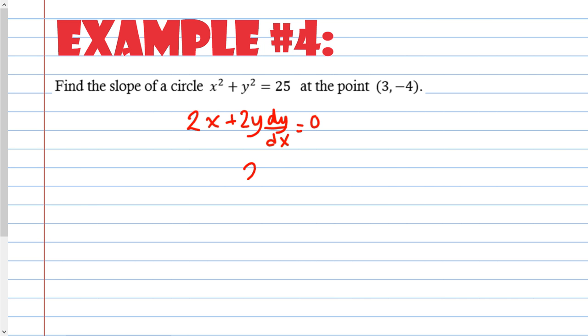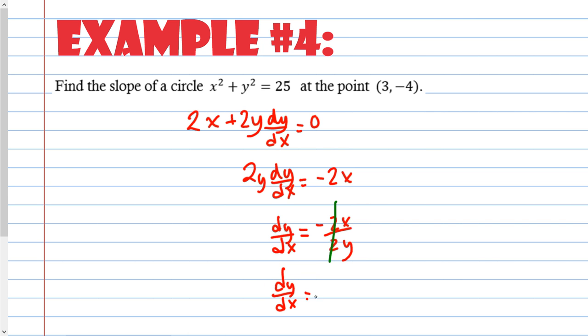So 2y dy dx equals negative 2x, because I'm subtracting 2x, so I can move it to the right side. I'm going to divide both sides by 2y, so negative 2x divided by 2y. The 2's cancel each other out, so I have dy dx equals negative x over y.